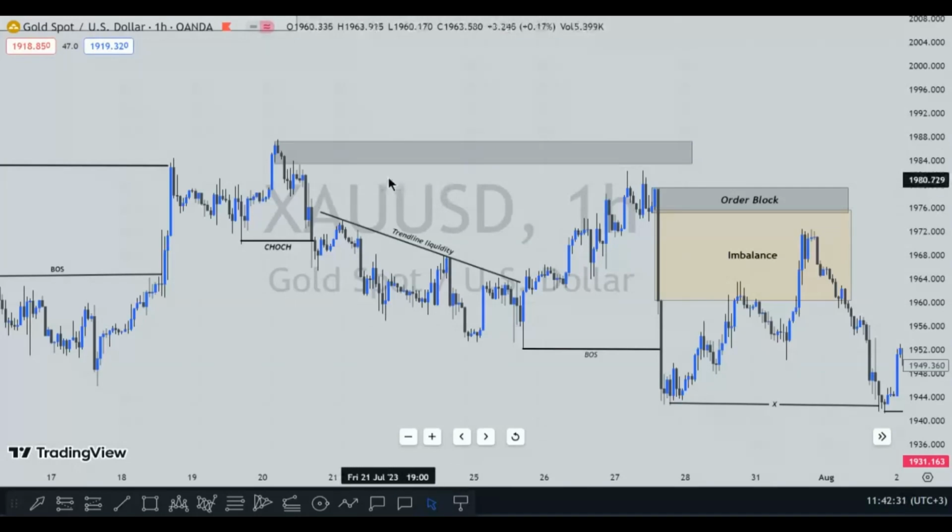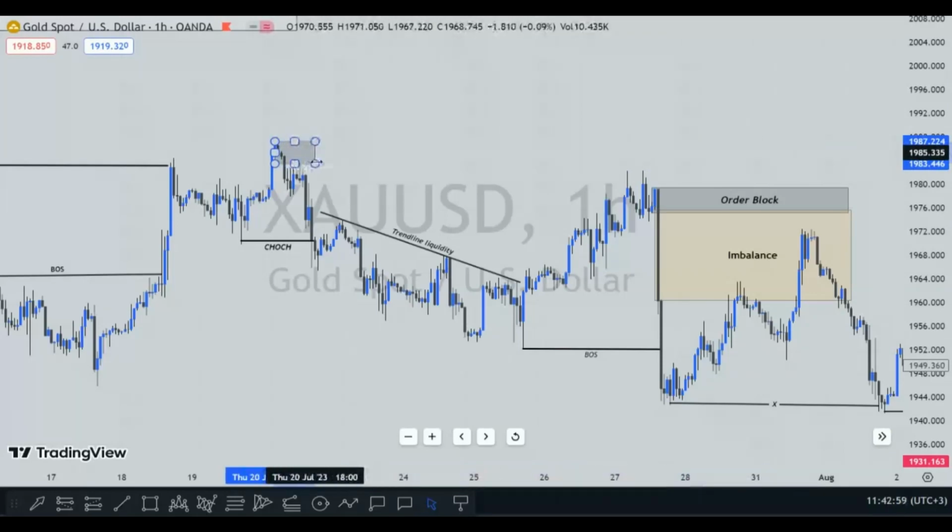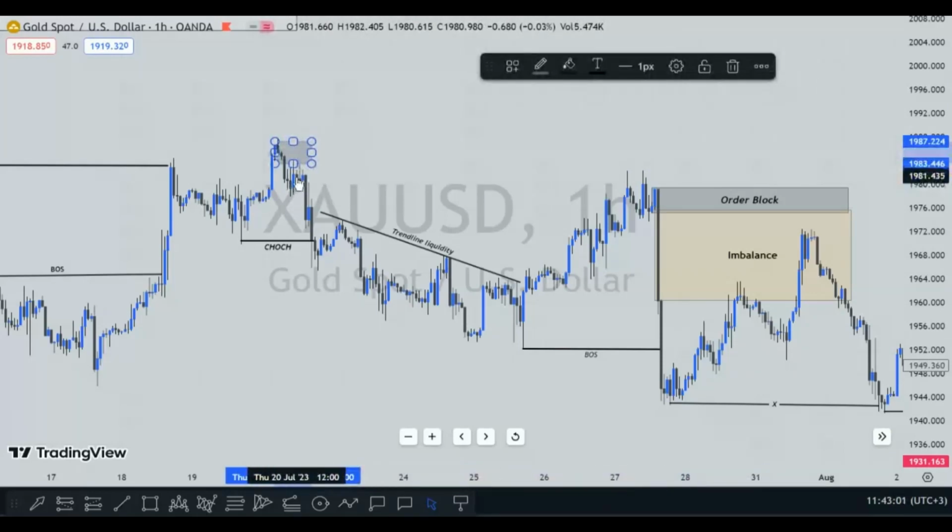A bearish order block is the last bullish candle that forms in an upward movement just before the move to the downside. So this one is an order block, as I've marked here. It was mitigated by this move.